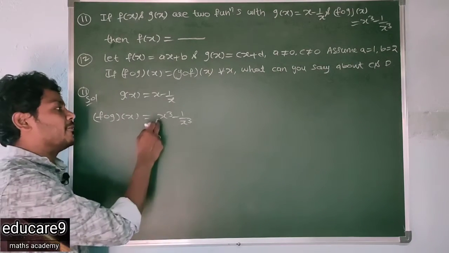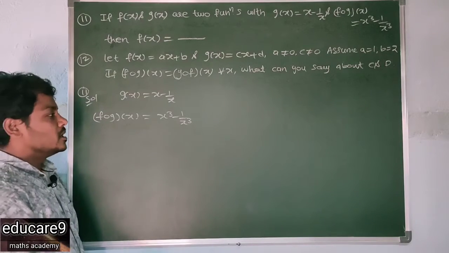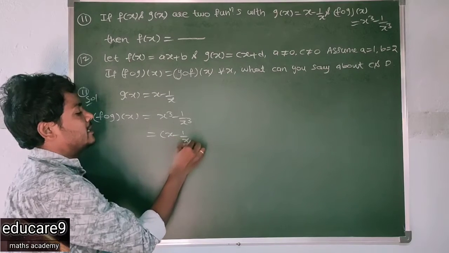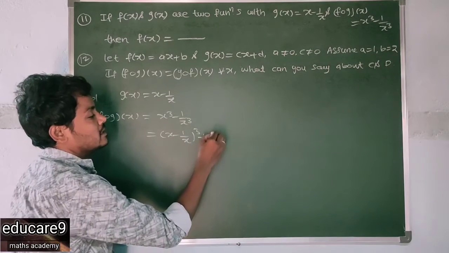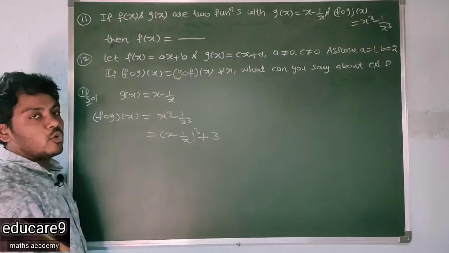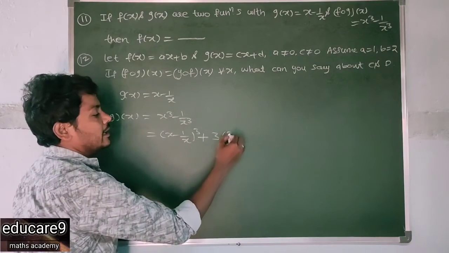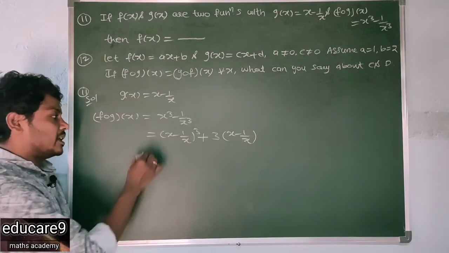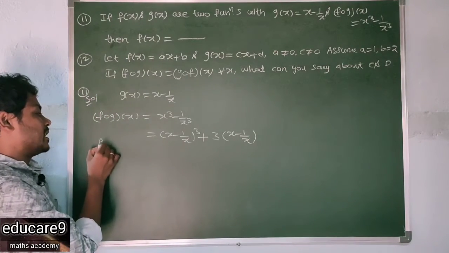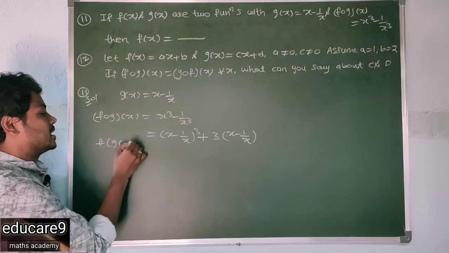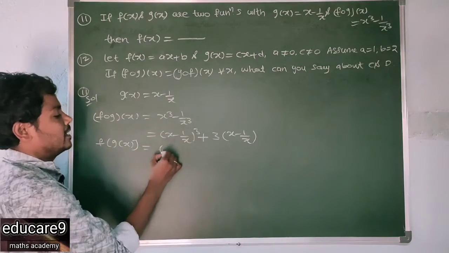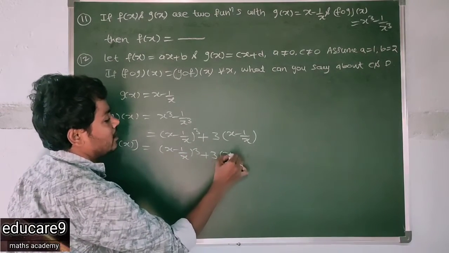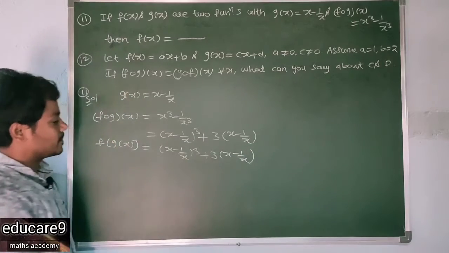Now it is in the form of a cube minus b cube. So clearly this can be written as x minus 1 by x whole cube plus 3x into 1 by x, that is 3, into x minus 1 by x. So clearly f circle g, that is f of g of x, is x minus 1 by x whole cube plus 3 into x minus 1 by x.